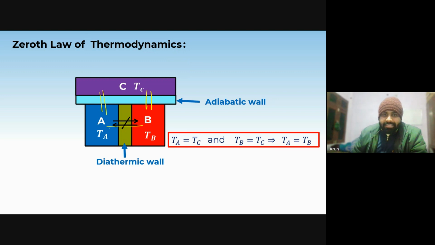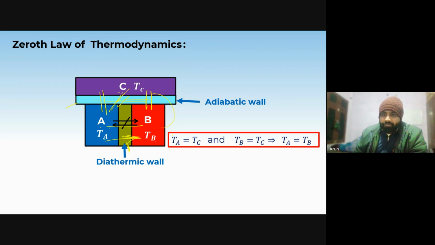Now we can say that the temperature of A is equal to the temperature of C, because they have transferred heat initially, because this wall is conducting. So the temperature of A will become equal to the temperature of C, and the temperature of B will become equal to the temperature of C. When we replace this adiabatic wall with a diathermic wall, this will also exchange heat.